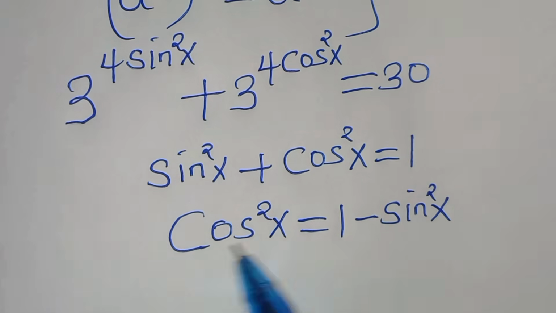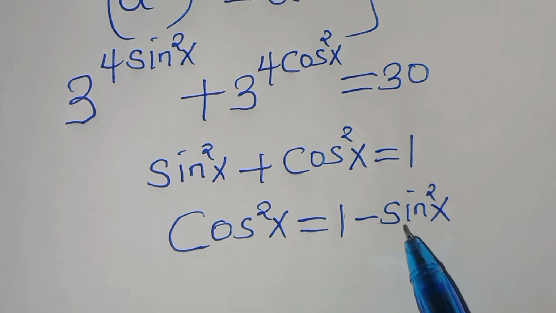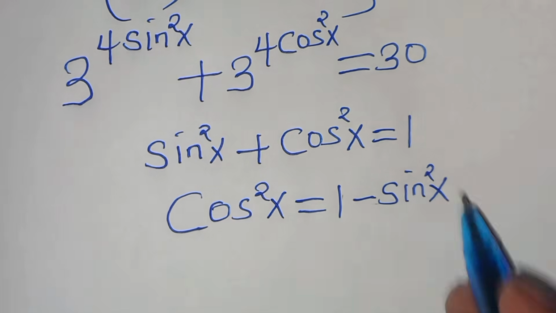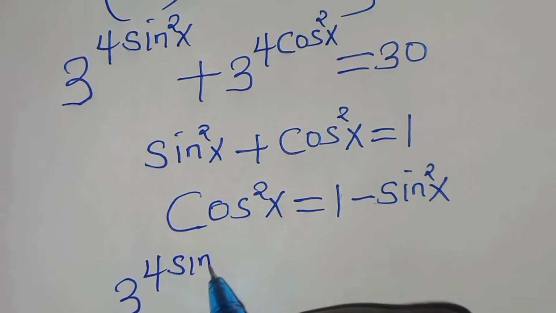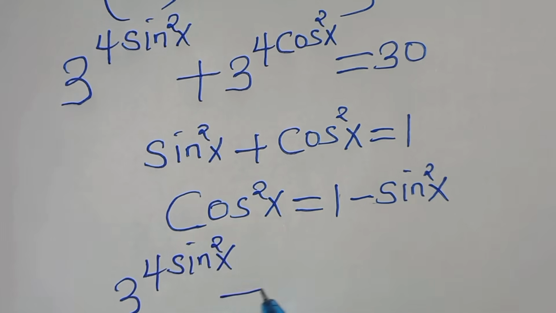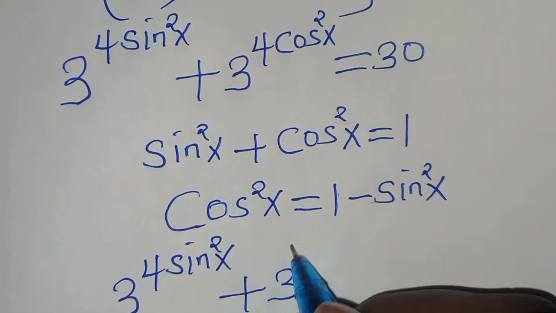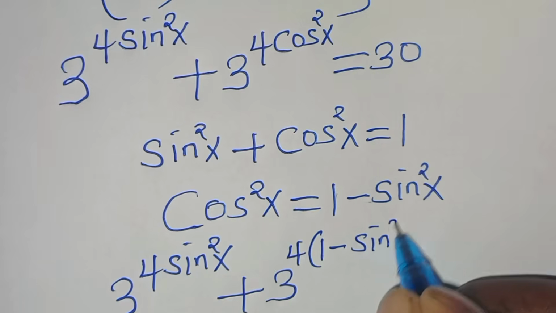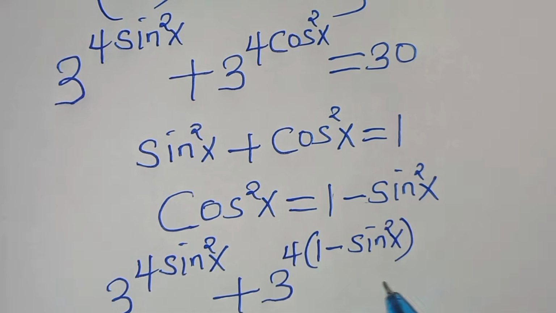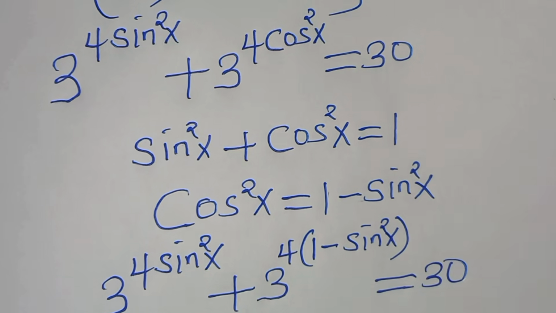Let's substitute cos squared x with 1 minus sine squared x. So we have 3 raised to the power of 4 sine squared x, plus 3 raised to the power of 4 multiplied by (1 minus sine squared x), close the parentheses. This is equal to 30.